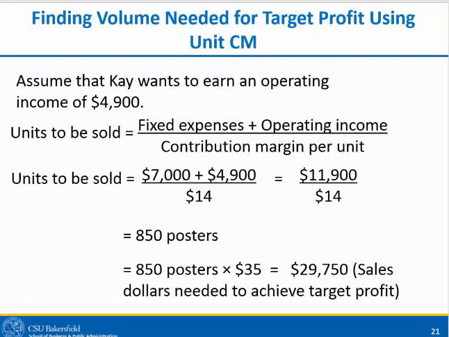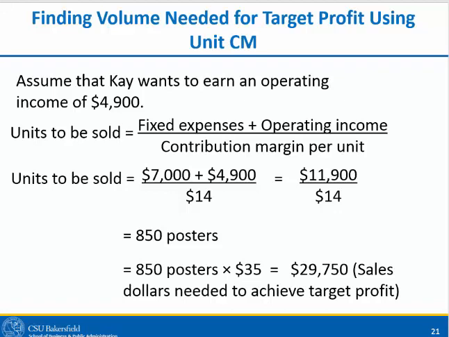Okay, so units to be sold. We can see that in order to earn an operating income of 4,900, KL must sell 850 posters, which is pretty clear. You may ask me, hey, for 850 posters, how much is the total revenue? Well, you can multiply 850 posters by the selling price, which is $35.